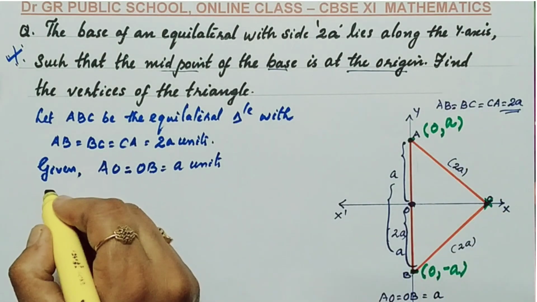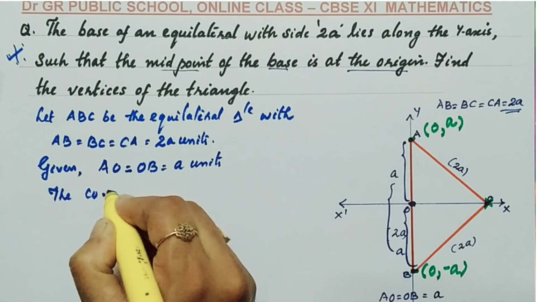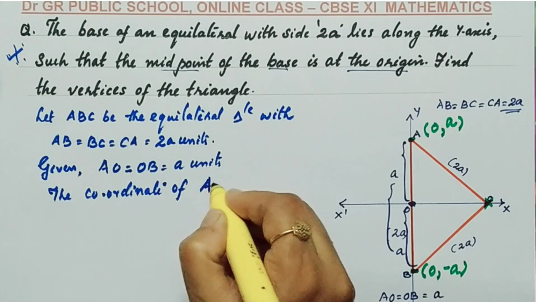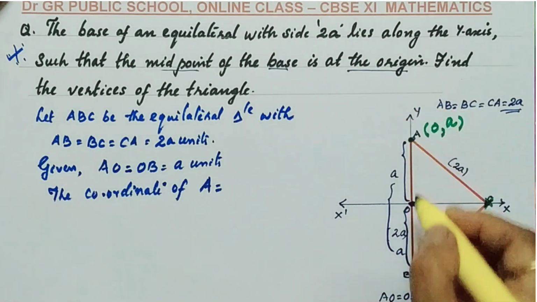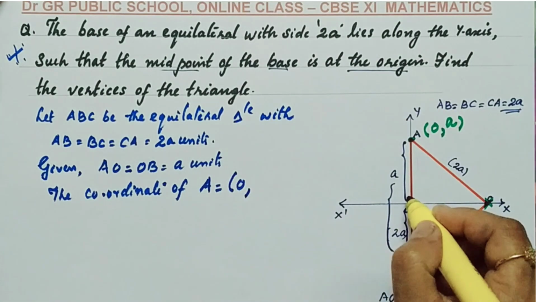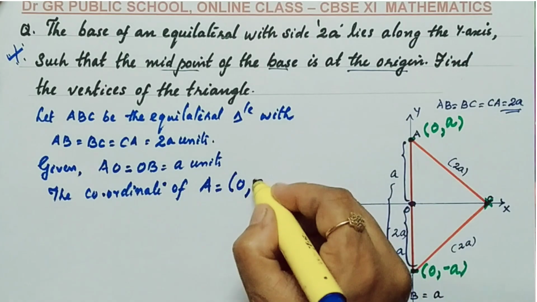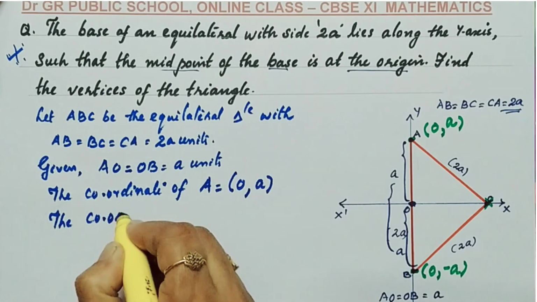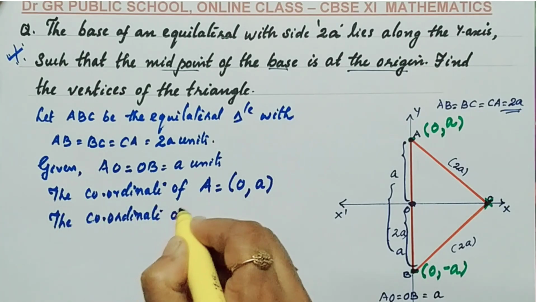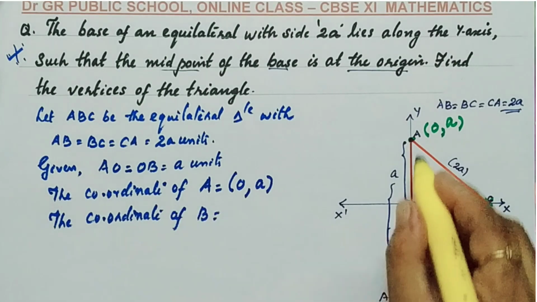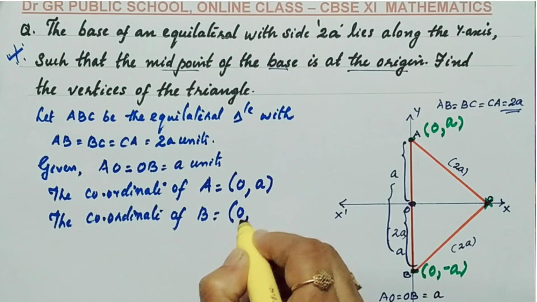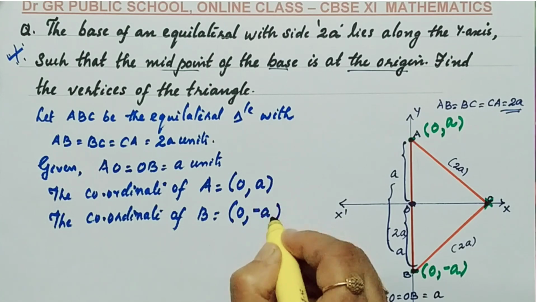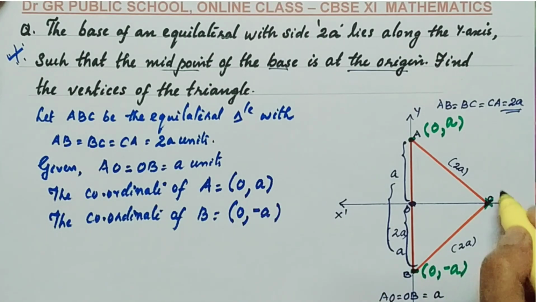Now, the coordinate of the point A: as the point A lies on the y-axis, its x-coordinate is 0 and it is A units above the x-axis, so the y-coordinate is A. Similarly, the coordinate of the point B: the point B also lies on the y-axis, so its x-coordinate is 0 and the y-coordinate is A units below the x-axis, so it is minus A. Now we need to find the coordinate of the point C.